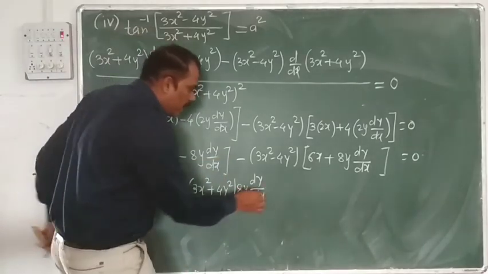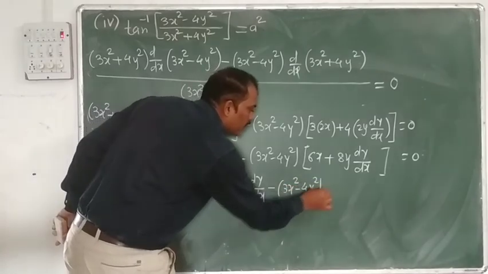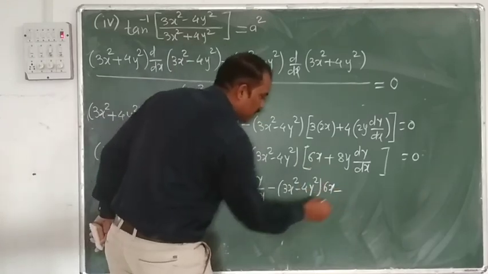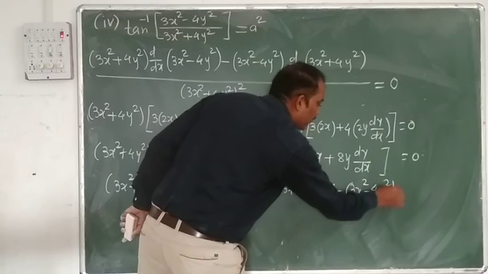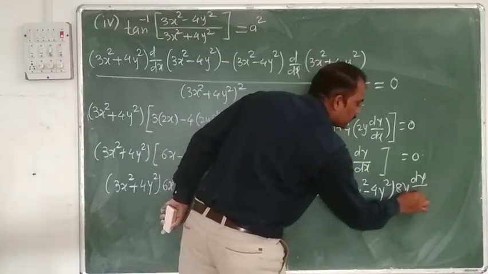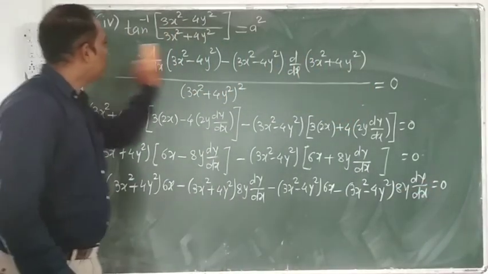Also here minus (3x² − 4y²) into 6x. This minus with this plus becomes minus (3x² − 4y²) into 8y dy/dx is equal to 0.